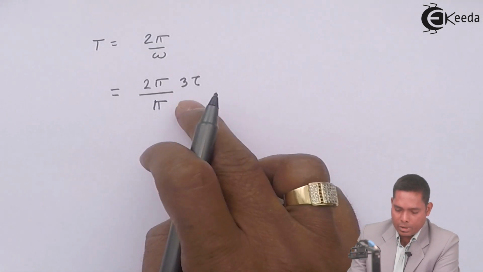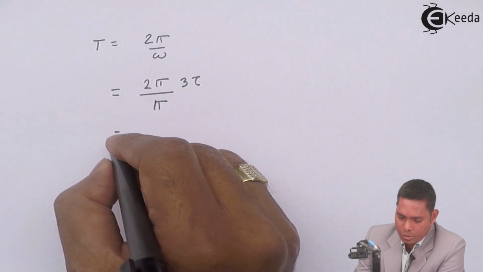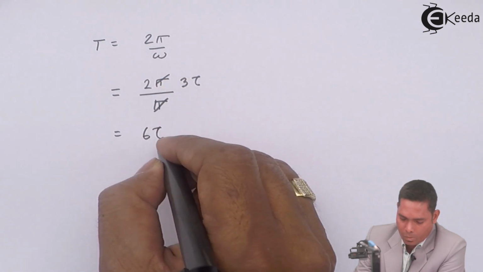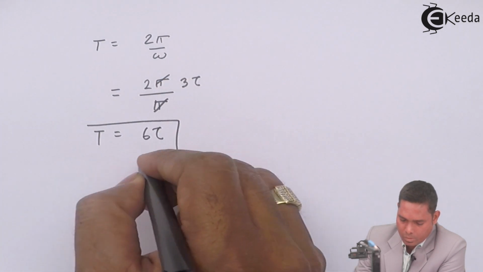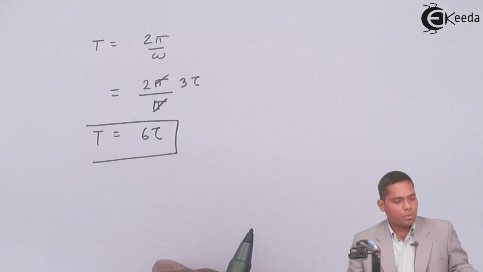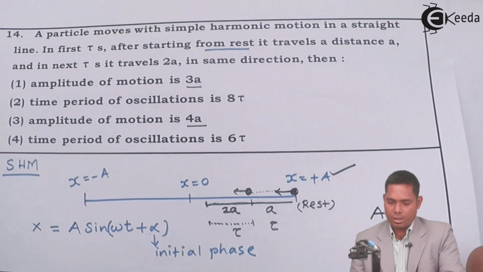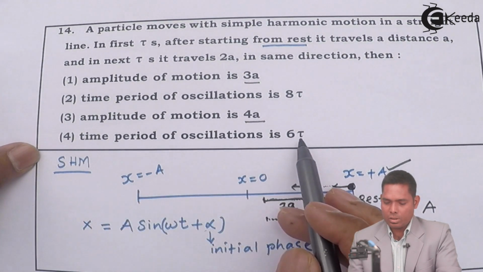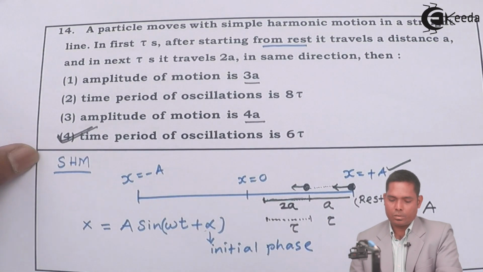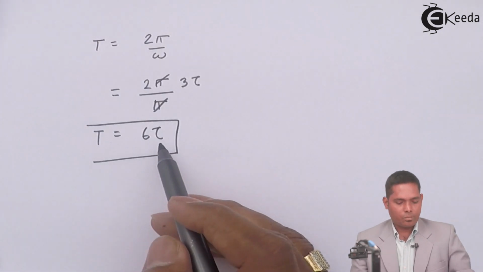So pi by 3 tau will come to the numerator, and this pi will cancel out. This is 6 times tau. Now this is the time period of oscillation. If I see the options, time period of oscillation is 6 tau, so this is the correct answer to this question. Time period is 6 tau. Okay, thank you.